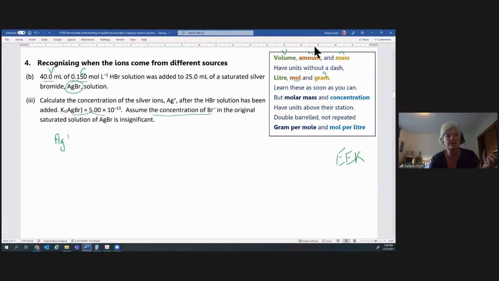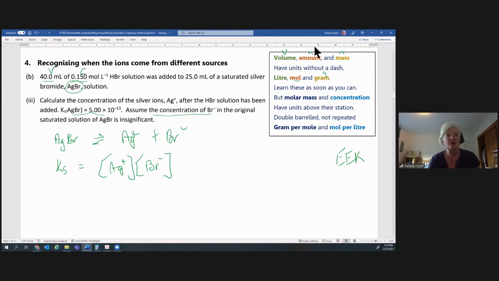So you've got silver bromide going to silver ions plus Br minus, and therefore your expression is based on this. So you've got Ks is equal to [Ag+][Br-]. I should always have become a doctor because my handwriting is so terrible. I hope you can read it.